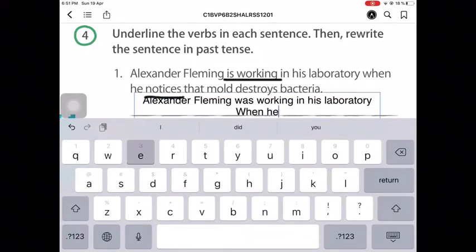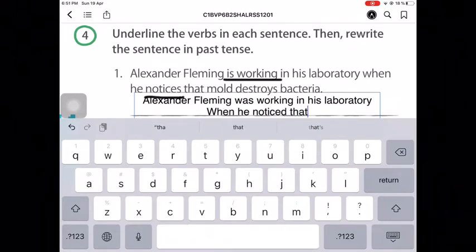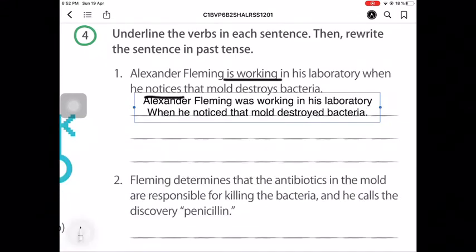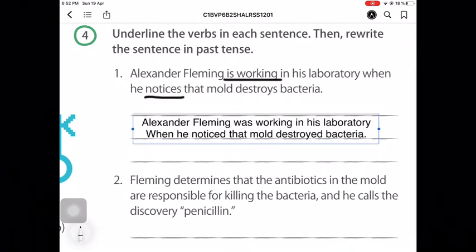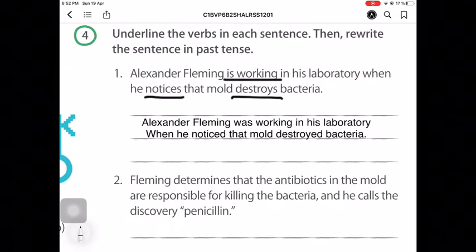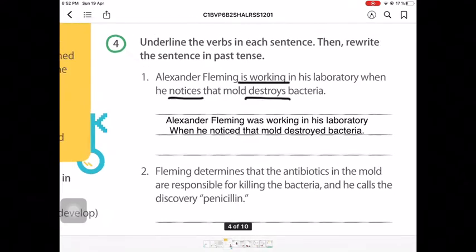When he noticed, in the past, that mold destroyed bacteria, because destroy is also a verb. You have to identify all the verbs. Destroy is also a verb. Alexander Fleming was working in his laboratory when he noticed that mold destroyed bacteria. Okay? Very good. And then you have to do the other exercises.